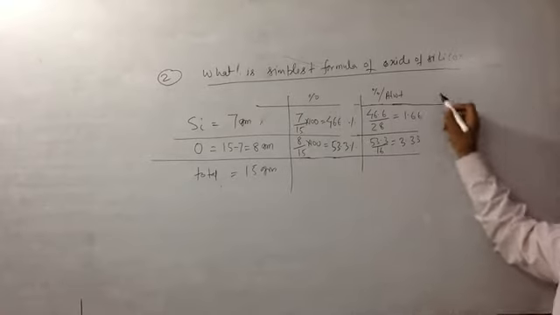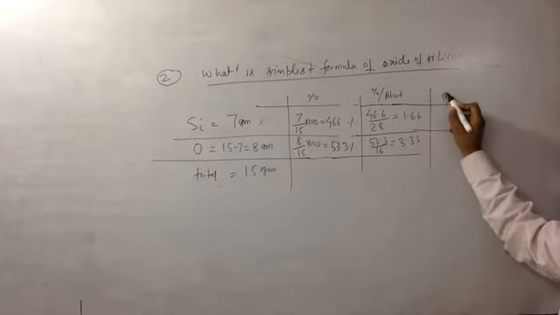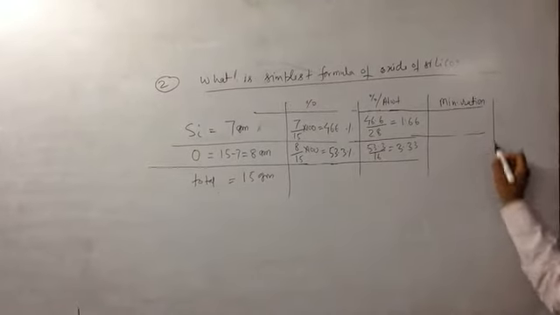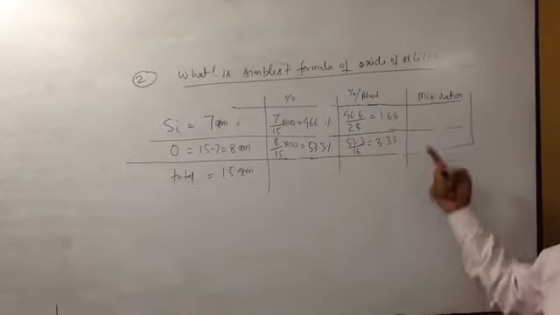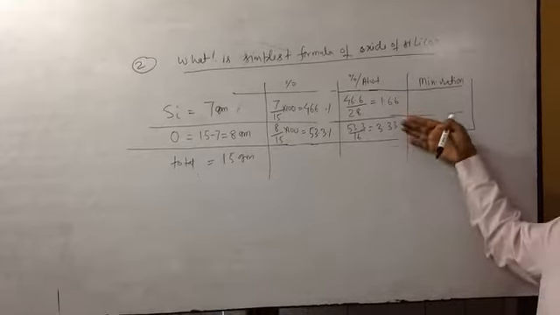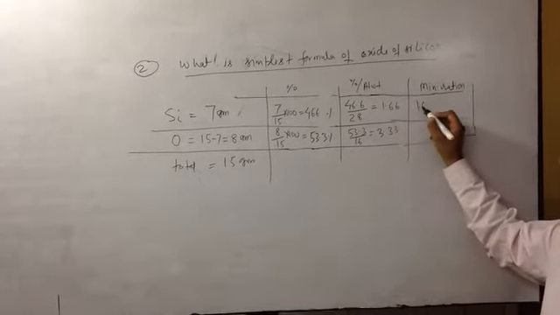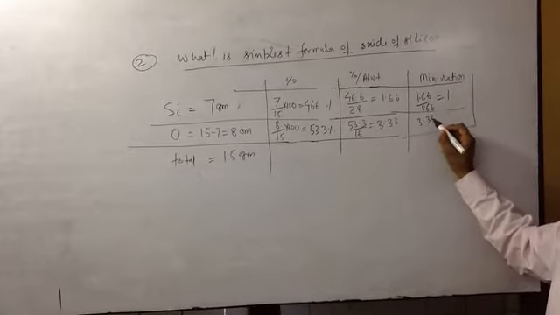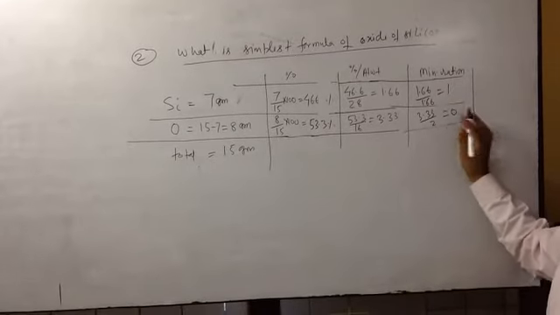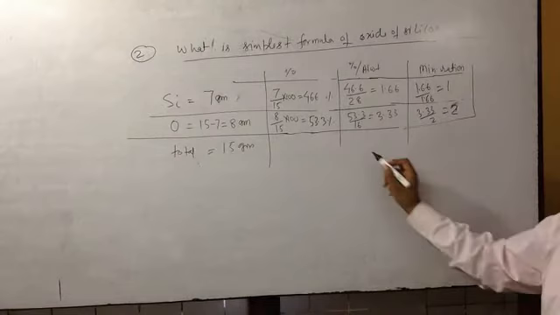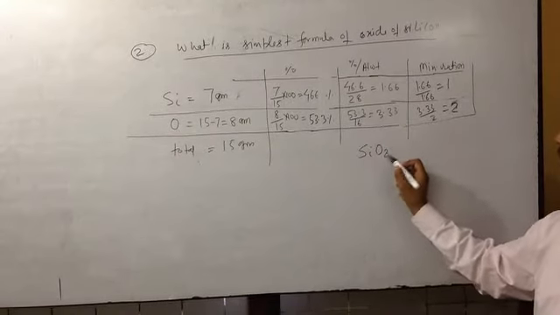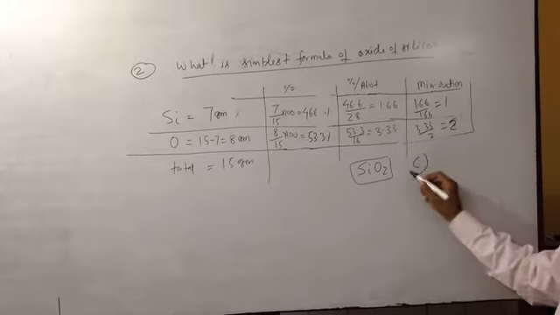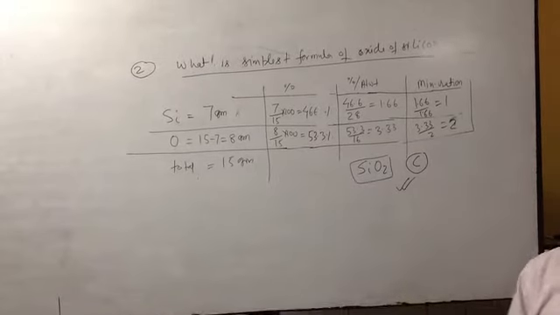Find the minimum ratio by dividing by the lower value. You will find this is 1, this is 2. Therefore, SiO2 is the correct answer, and C is the correct answer for question number 2.